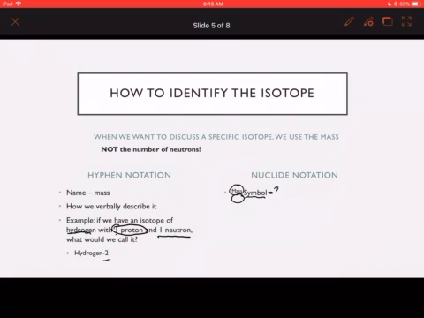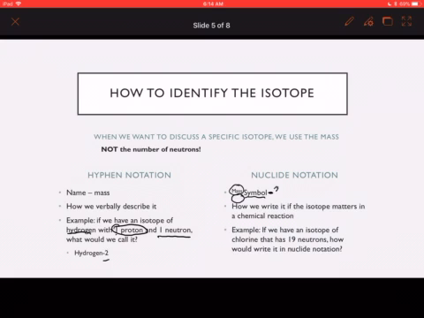So having the atomic number isn't as important. We tend to use this if we're writing it so that the isotope matters in a chemical reaction. And you'll be practicing this next class with radioactive isotopes. So for example here, if we have an isotope of chlorine that has 19 neutrons, how would we write it in nuclide notation?